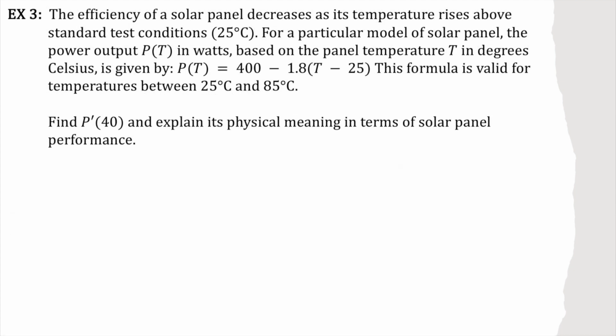The efficiency of a solar panel decreases as its temperature rises above standard test conditions, about 25 degrees Celsius. For a particular model of solar panel, the power output, P of T in watts, based on the panel temperature T in degrees Celsius, is given by, so here we have what's basically a position function or parent function, P of T equals 400 minus 1.8 times the quantity T minus 25.